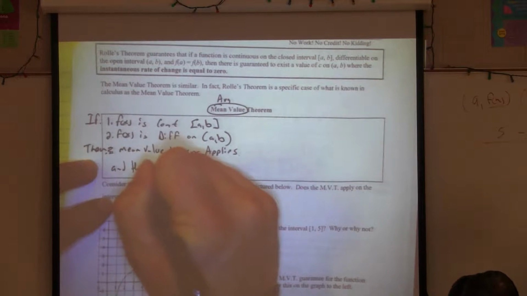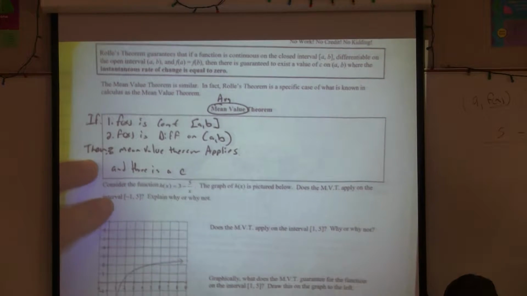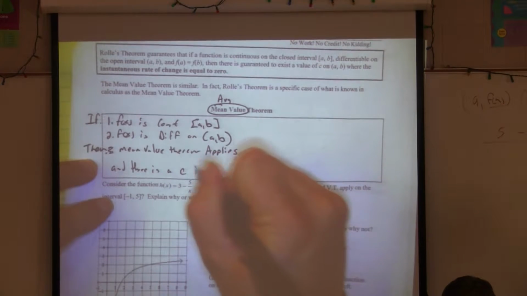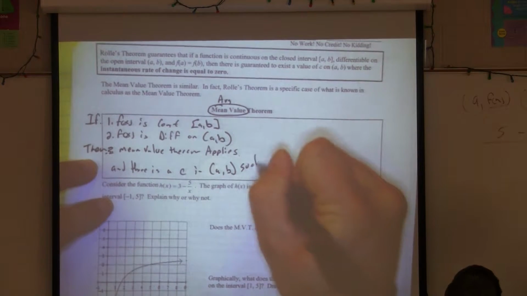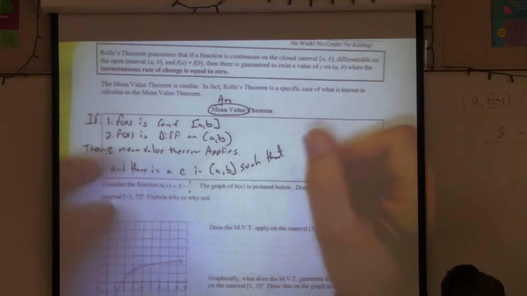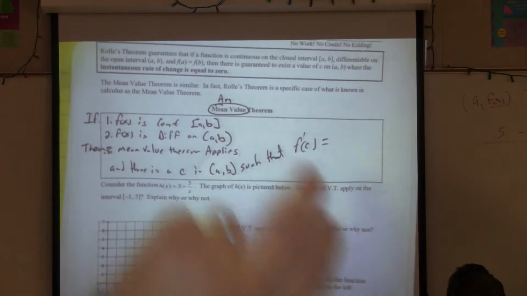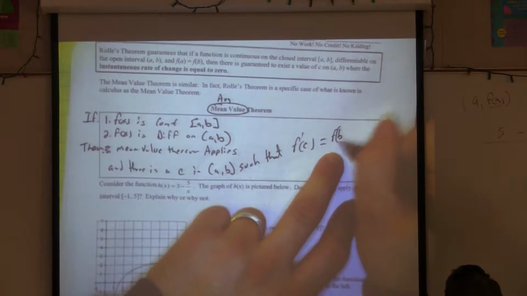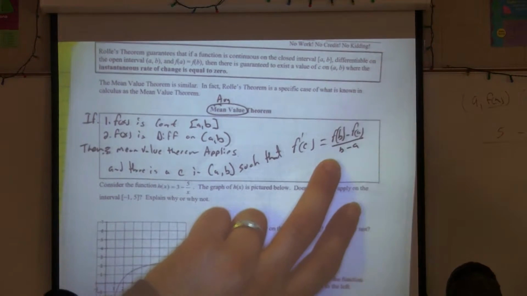And there is a C in the open interval AB such that f prime of C is equal to f of b minus f of a over b minus a.